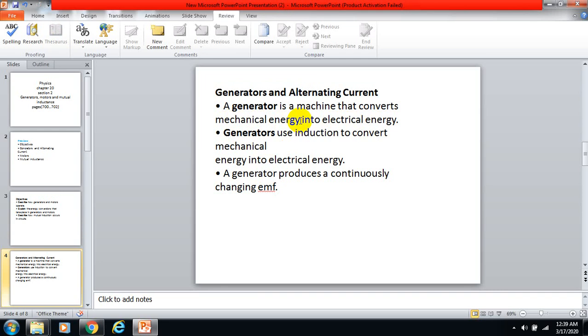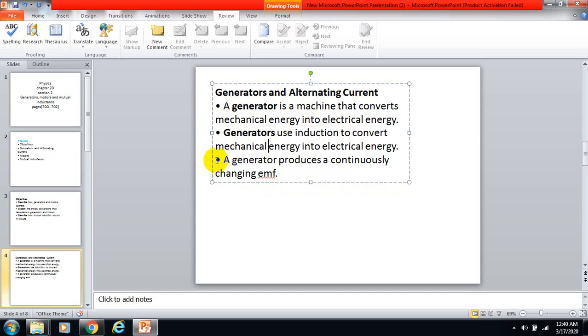Here in the Gulf specifically, if you compare this Gulf with the Asian countries, mostly there they have hydro power plants, or hydel energy, which comes from the water. Understand? And here most of the energy comes through mechanics. So a simple generator is a machine that converts mechanical energy into electrical energy. Generators use induction to convert mechanical energy into electrical energy.